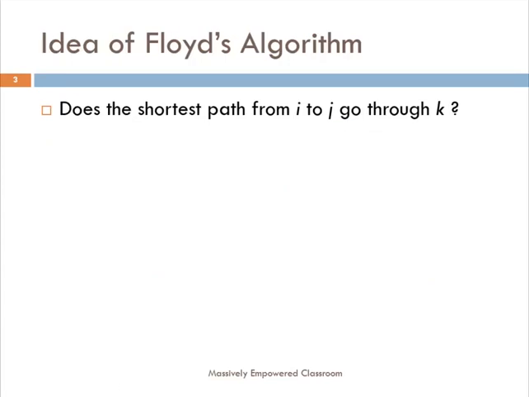So the idea of Floyd's algorithm is, let's say there is a node i and a node j. Now we are considering a particular node k. Then the shortest path from i to j may be a path like this. We don't draw a straight line because it's to indicate that it may be going through a number of other nodes that we are not representing in this picture.